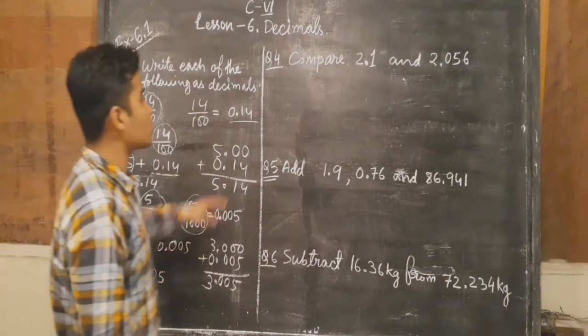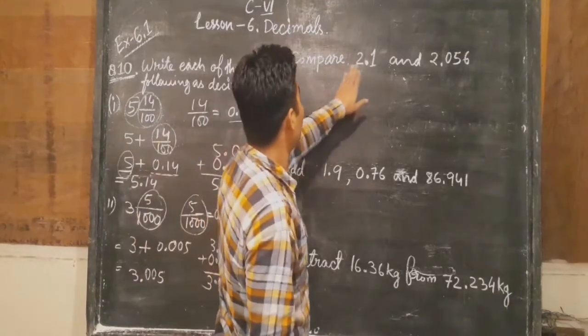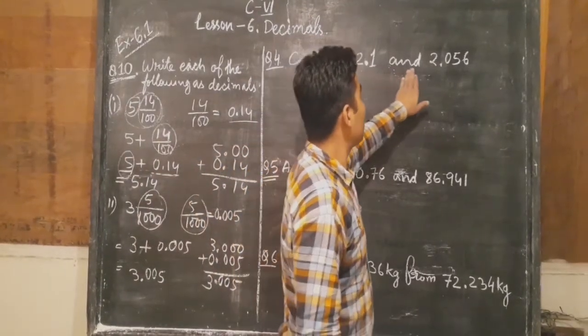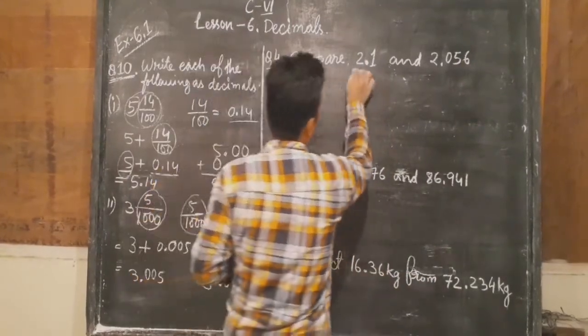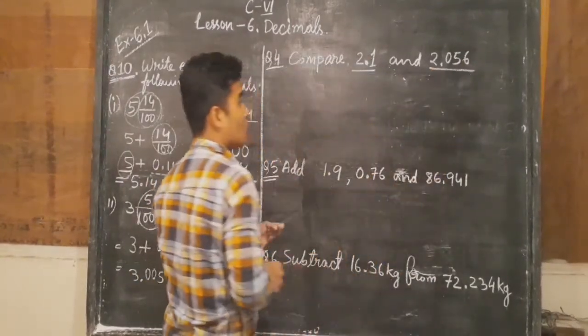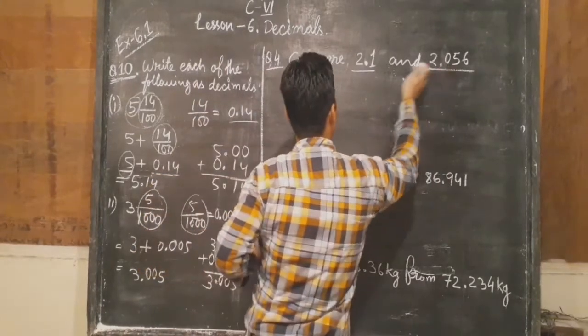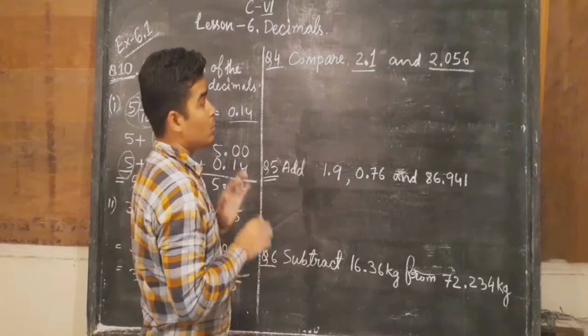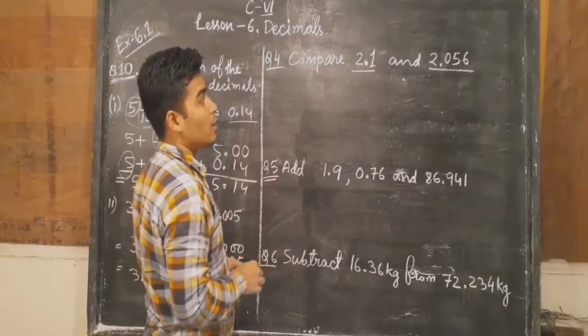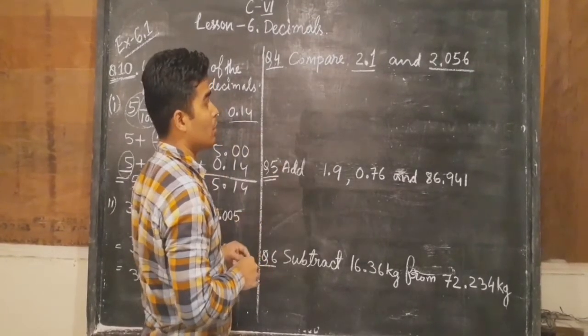Now let us move to the next question. Compare 2.1 and 2.056. By looking at the numbers, you must be thinking that this is greater and this is smaller. But you should not judge by looking at the number.